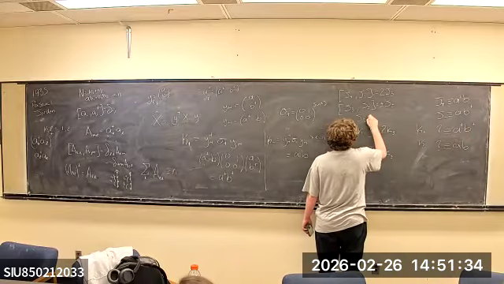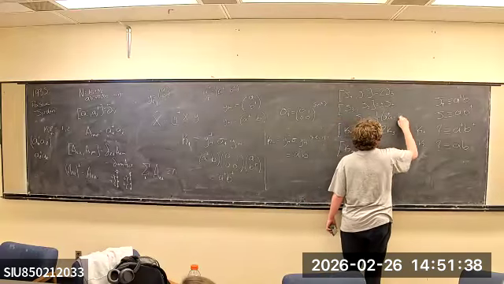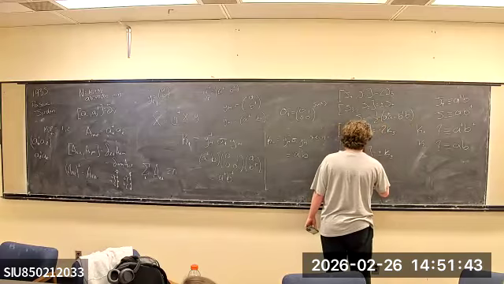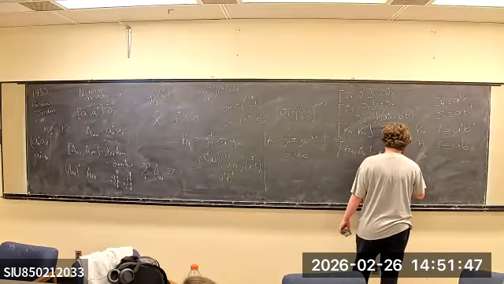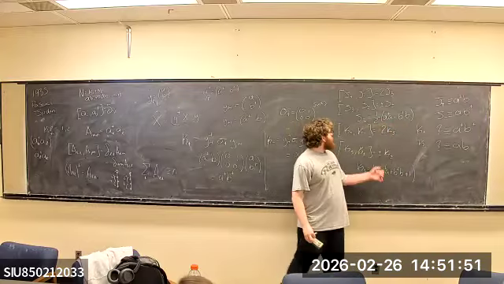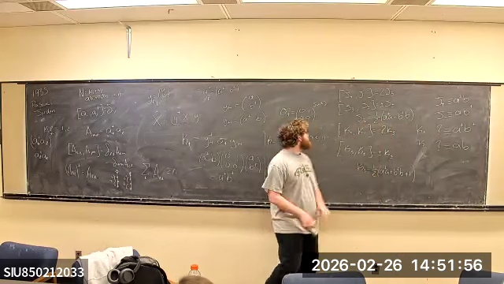I get J3 is 1/2 (A dagger A minus B dagger B). And I get here K3 is 1/2 (A dagger A plus B dagger B plus 1). So these pop out from these commutation relations. These are the results that we get.